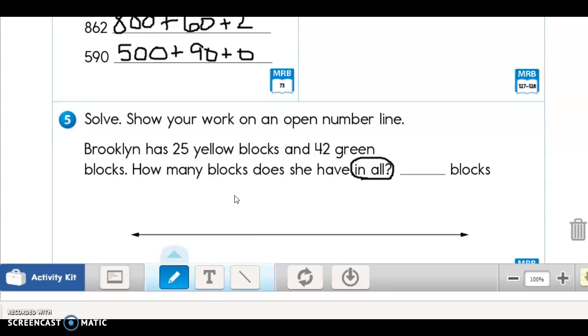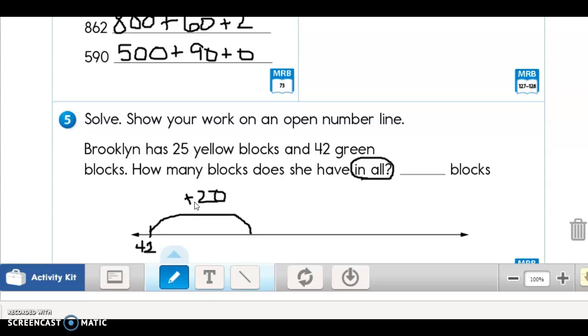I'm also going to start with 42 on my open number line because I know that I'm faster that way. So I'm going to start at 42. I'm going to add 25. So I'm going to leap and just add 20 because that'll be fast. 42 and 20.